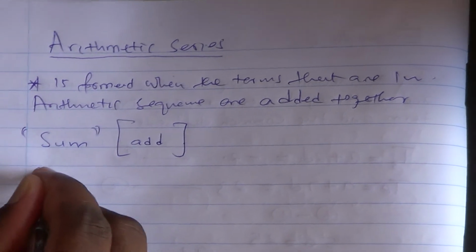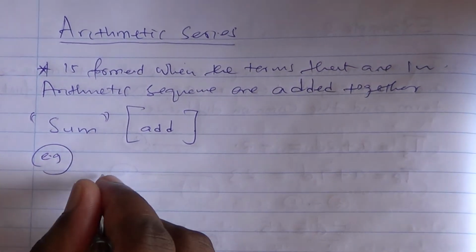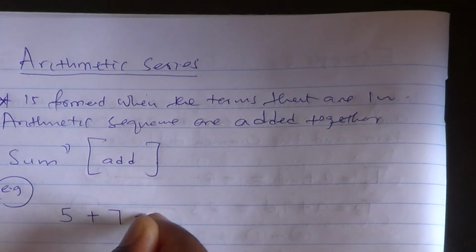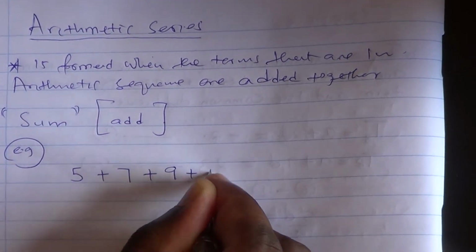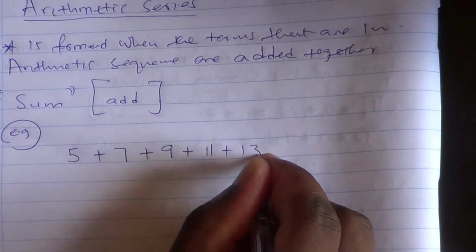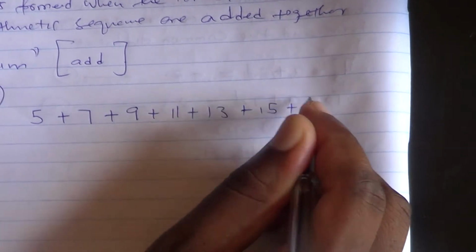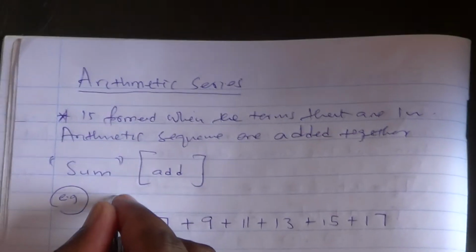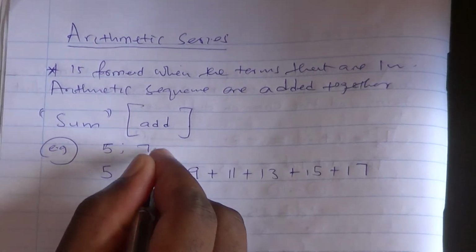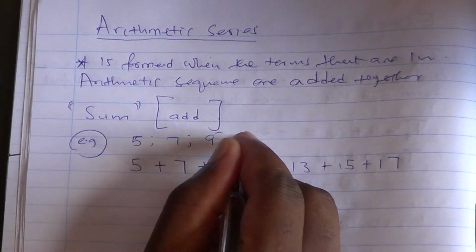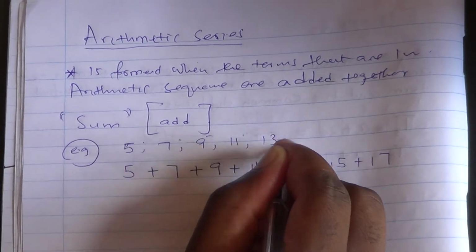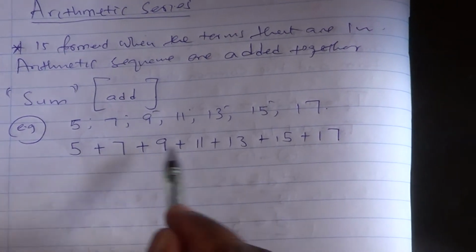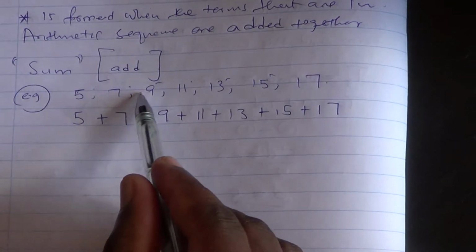Let's have an example. Let's say we are having 5, 7, 9, 11, 13, 15, and the last one, 17. Now, what is the difference between these two?